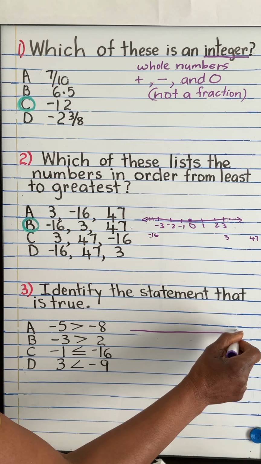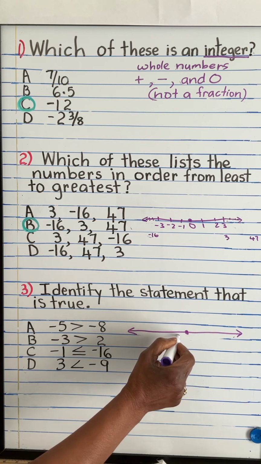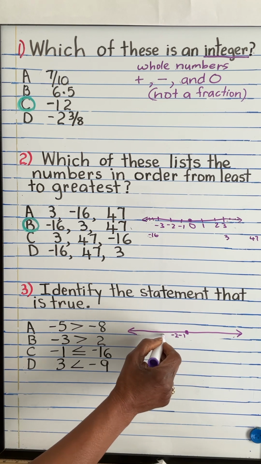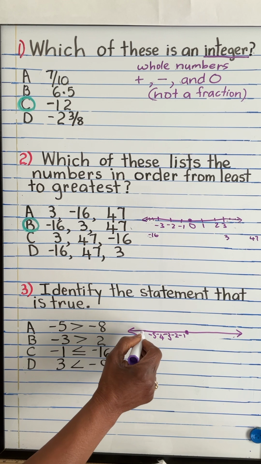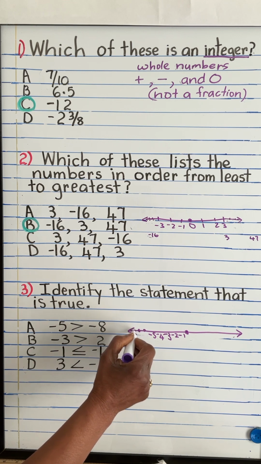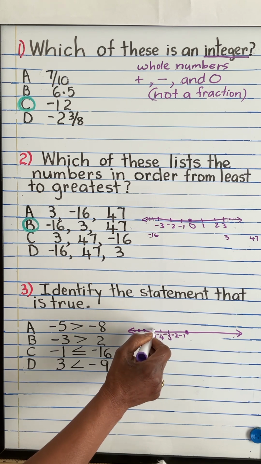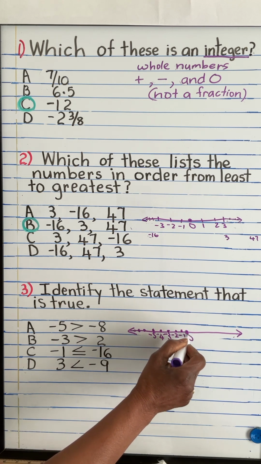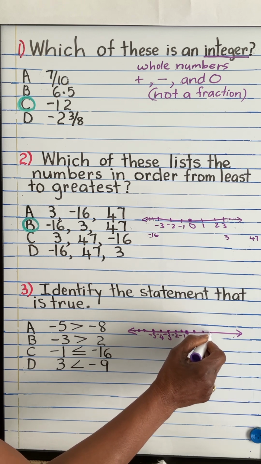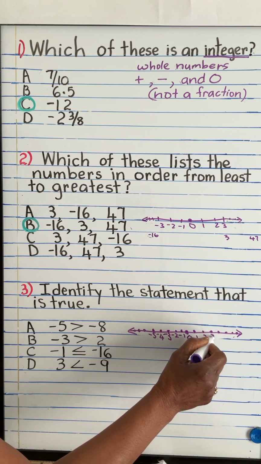Number line: 0, negative 1, negative 2, negative 3, negative 4, negative 5, and let's continue to the left to get smaller. This is 0, then 1, 2, 3, 4, 5, 6.